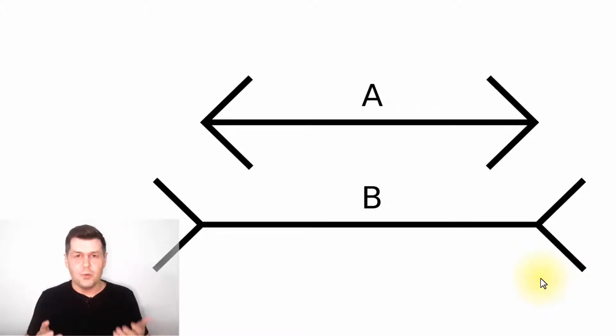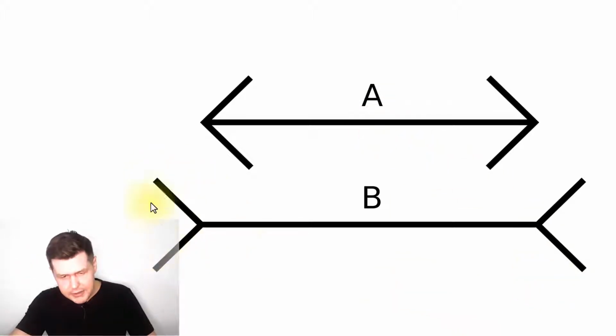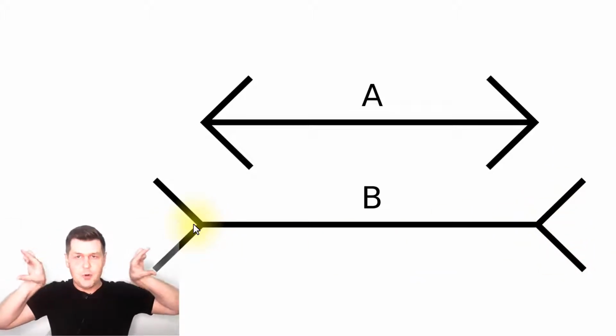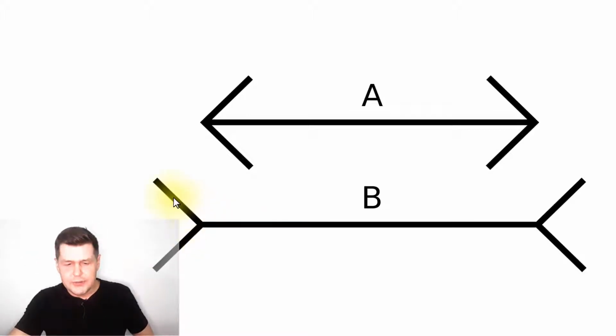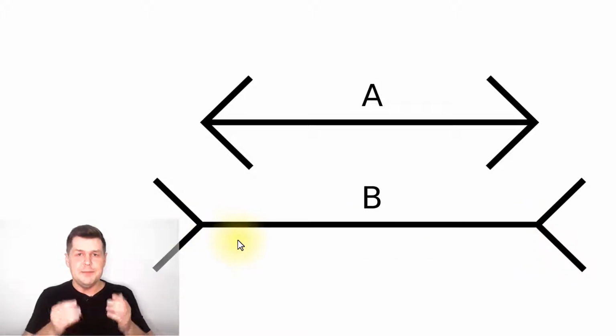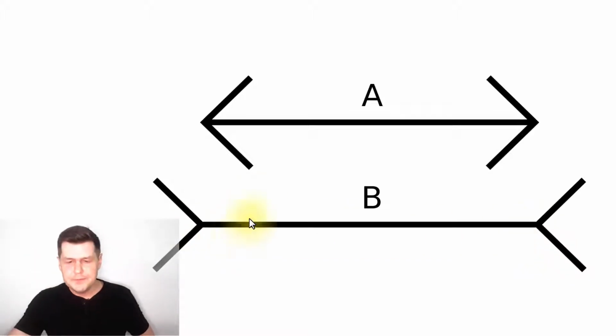So why is that? Why does line B look longer than line A? Well, look here on the ends of line B. On the ends of line B, there are these lines that point out. So these lines that point outward on the ends of line B make line B look longer to us.